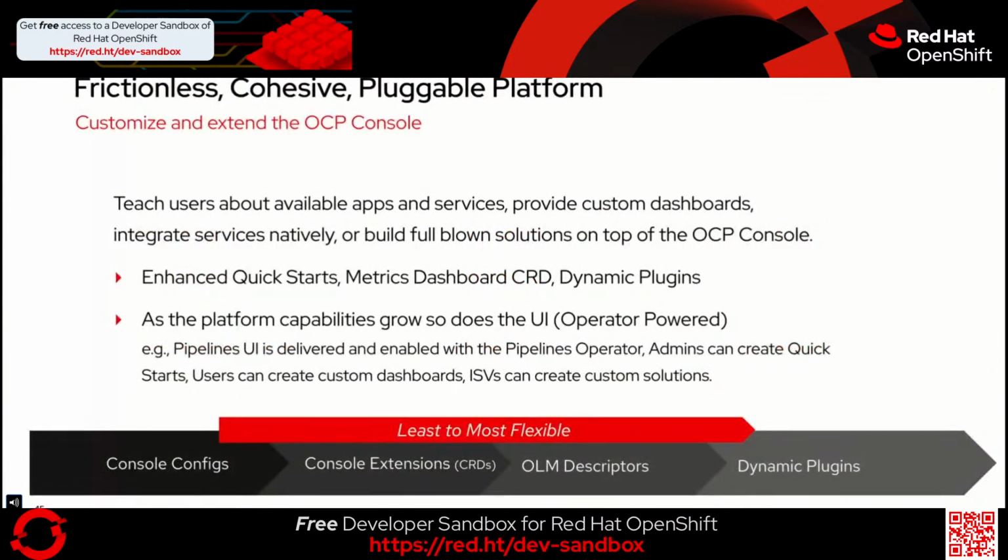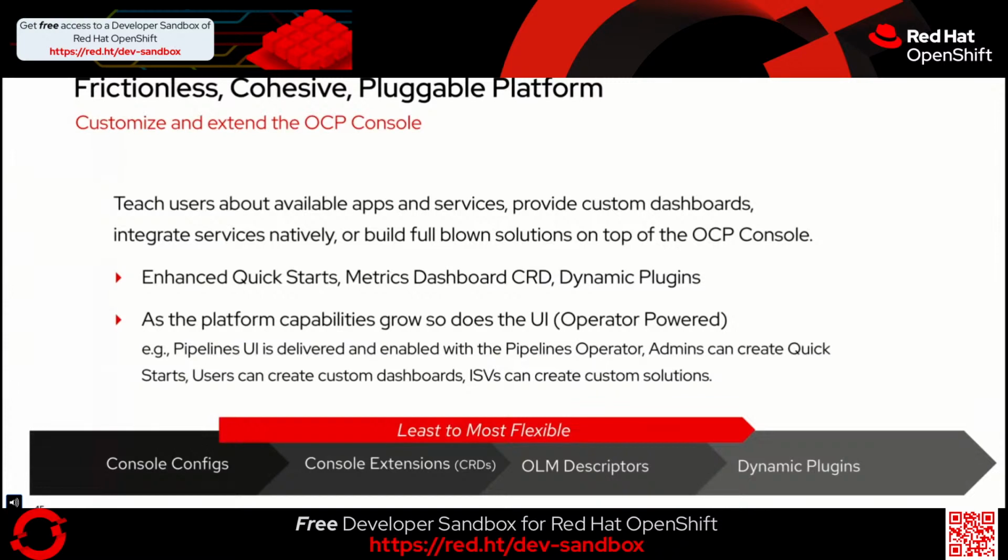Let's dive a little deeper into our frictionless, cohesive, and pluggable platform. This platform allows customization and extension of the OCP console. As platform capabilities grow, so does your UI.